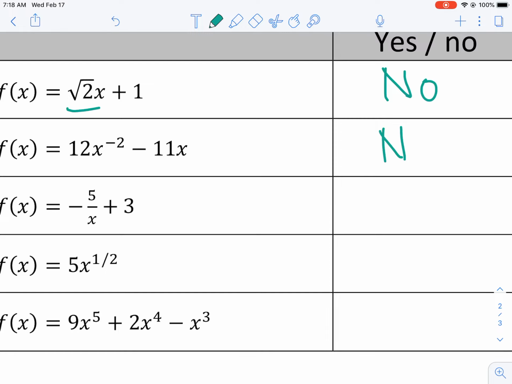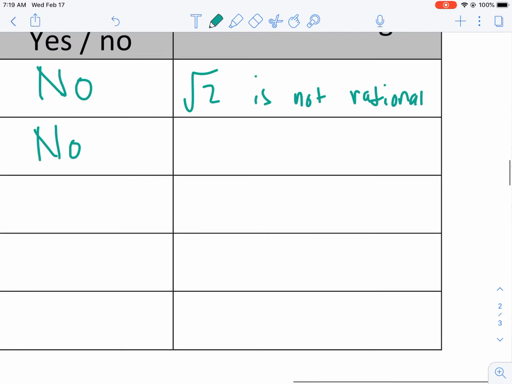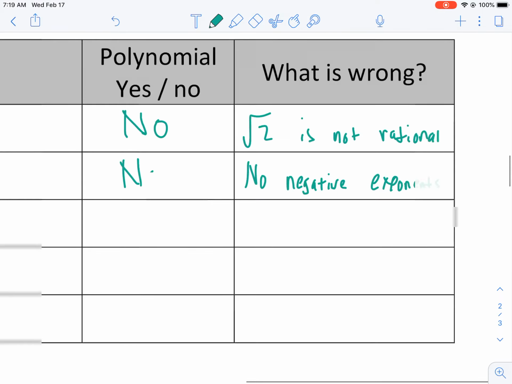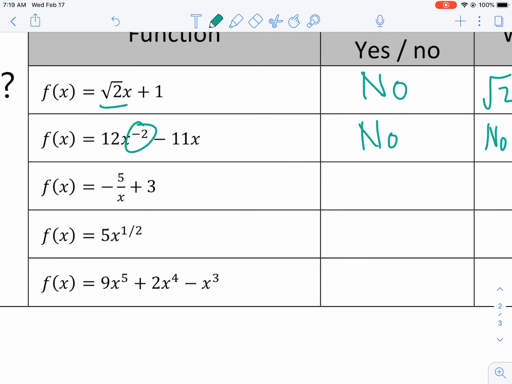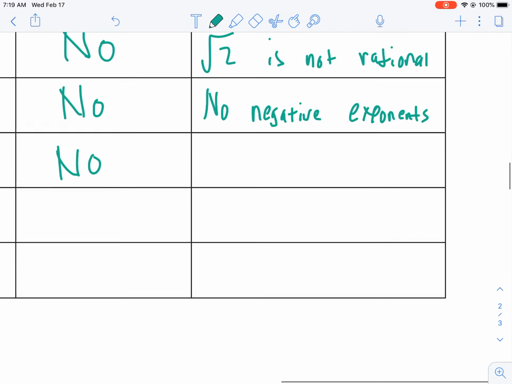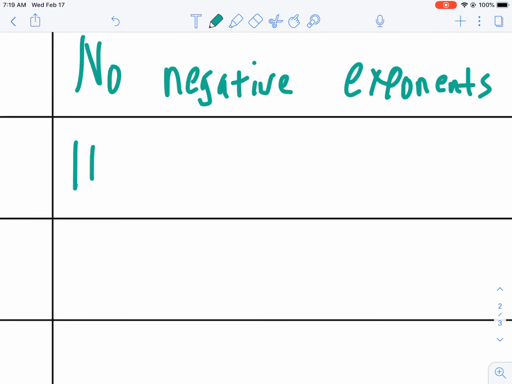This one, no, negative exponents. Basically, you don't want a variable down in the bottom of a fraction. Here, same thing. No, because that x is in the bottom.